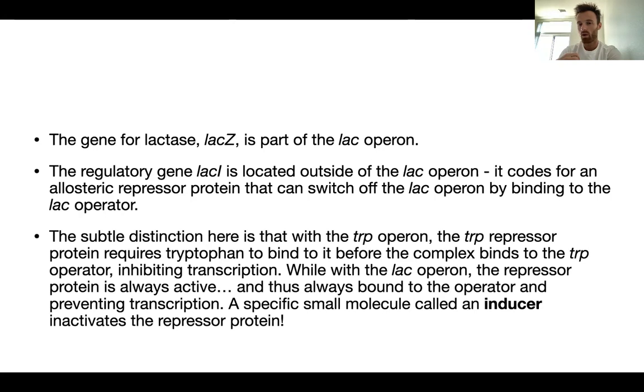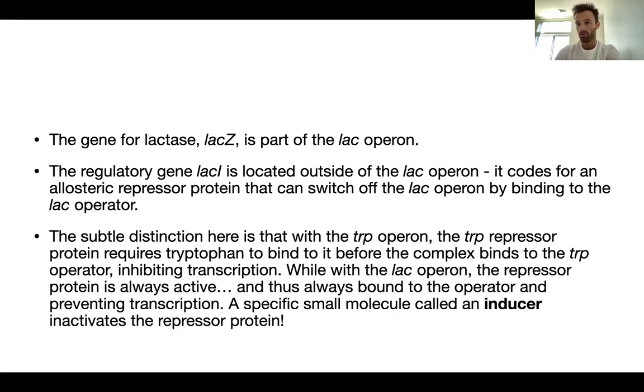And so the molecule that interacts with the repressor is going to inactivate the repressor. It's going to allow transcription to occur here by binding to the repressor. And then we'll see that the repressor protein will detach from the operator and transcription can occur.